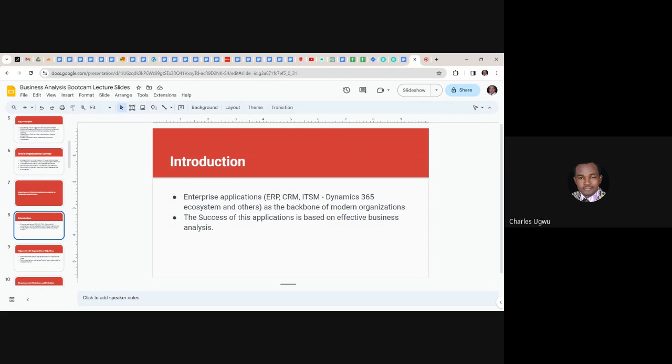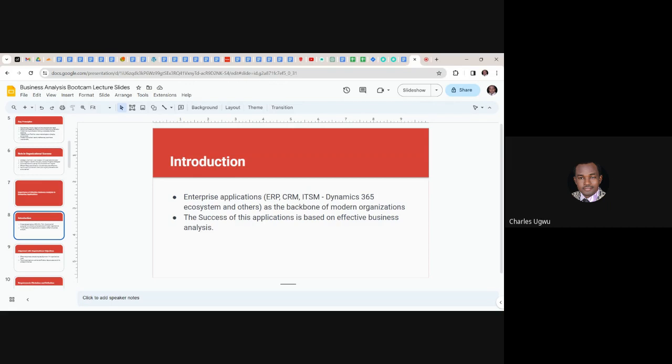Then we'll look at other notable companies. We talk about SAP. They are very popular for their own enterprise application. You have SAP ERP, you have SAP CRM, you have SAP Cloud Commerce, so many of the SAP enterprise applications.